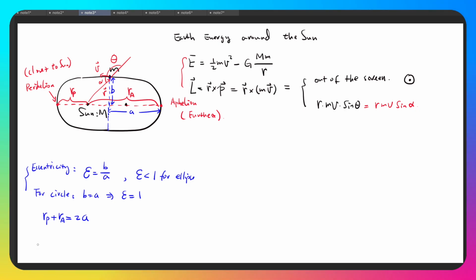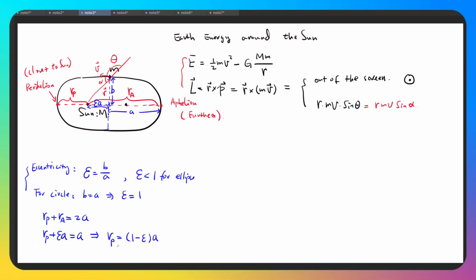And this distance I forgot to mention, the distance from the sun to the center, is epsilon times A, eccentricity times A. So RP plus epsilon A equals A. RP is this length, plus epsilon A equals the semi-major length A. Now from there I can say RP equals 1 minus epsilon times A.